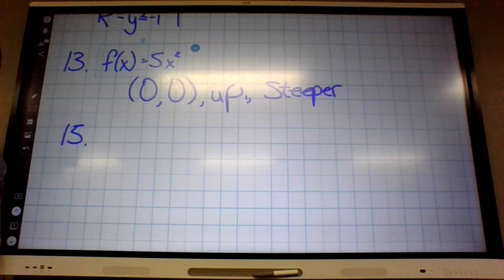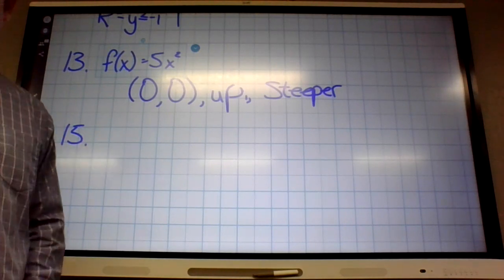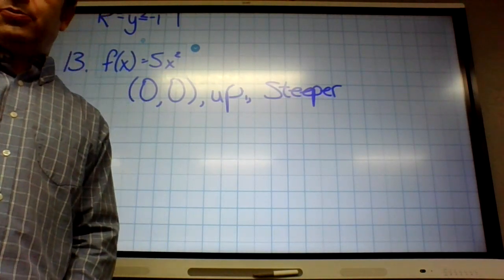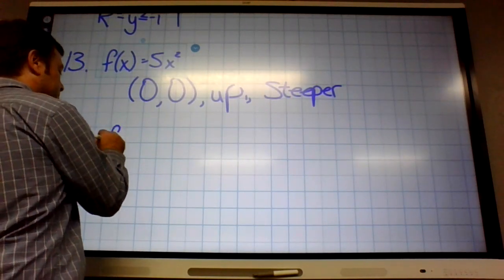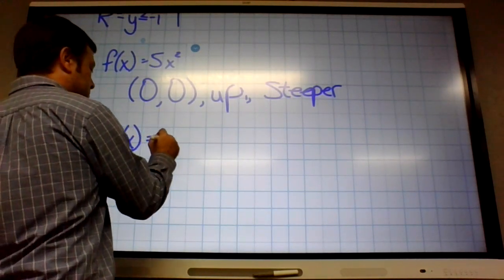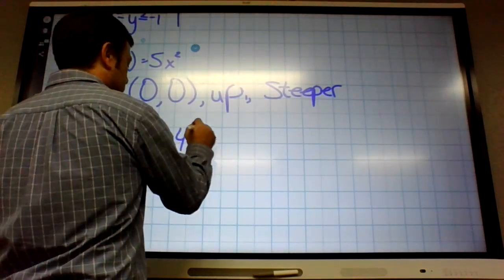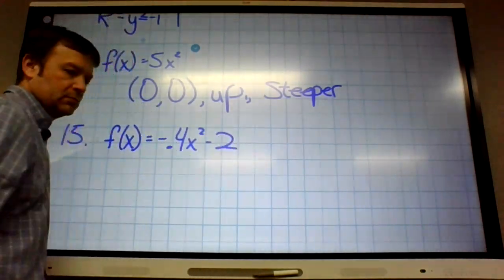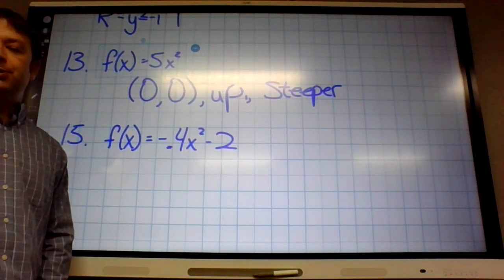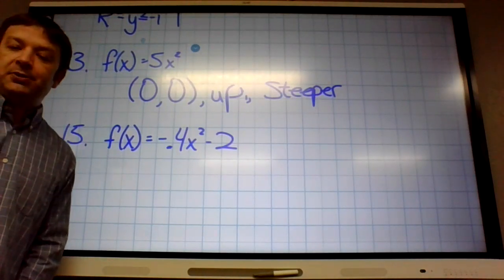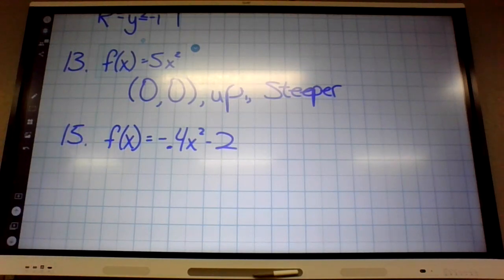Okay, 15. Where is the vertex going to be for 15? Okay, it's going to be down 2 because that -2 will move the graph down 2.